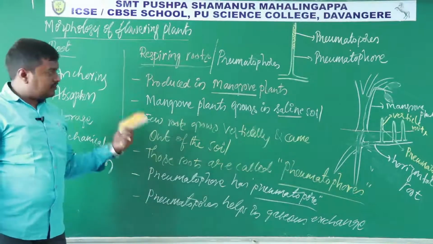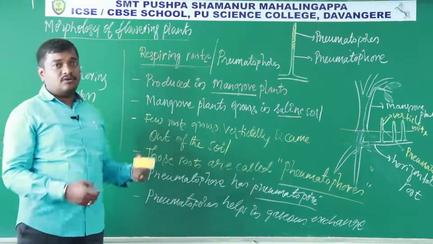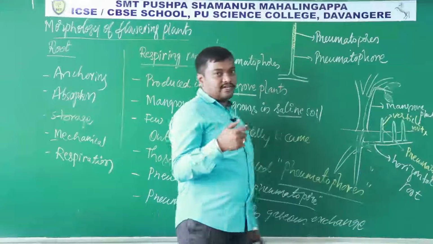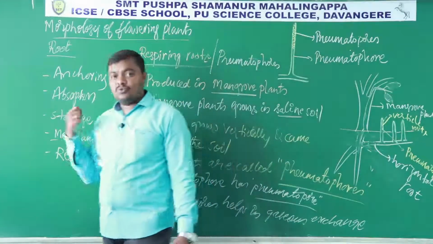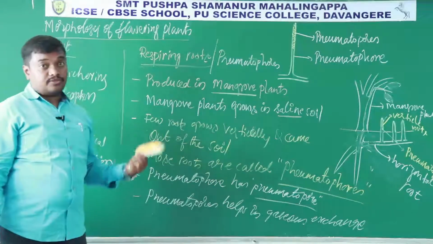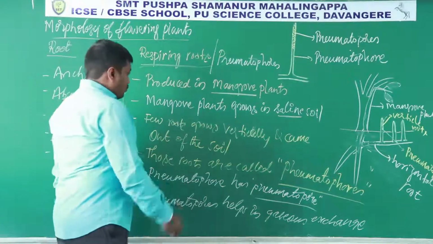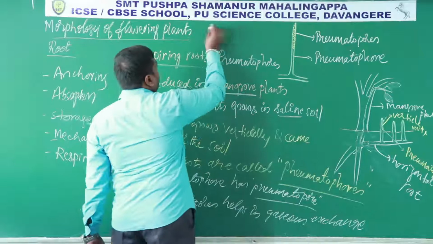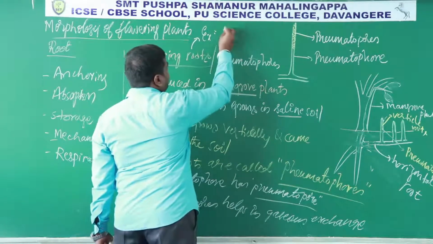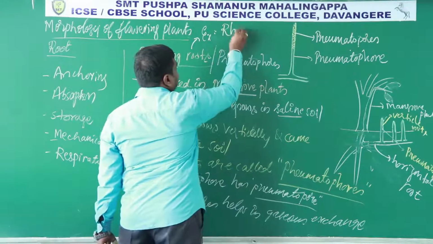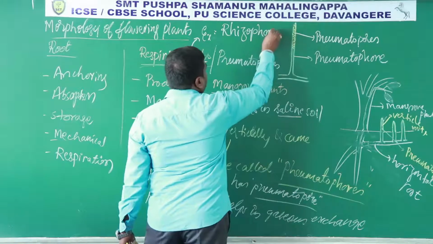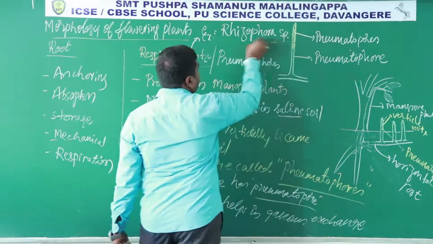Mangrove plants ಮಾತ್ರ ಇರುತ್ತೆ. So Sundarbans, if you have heard the name Sundarbans, the plants which grow in the Sundarbans are called Sundari trees. Those Sundarbans plants, the Sundari trees, produce these pneumatophores. Okay, so an example for these respiring roots is the plant called Rhizophora species.